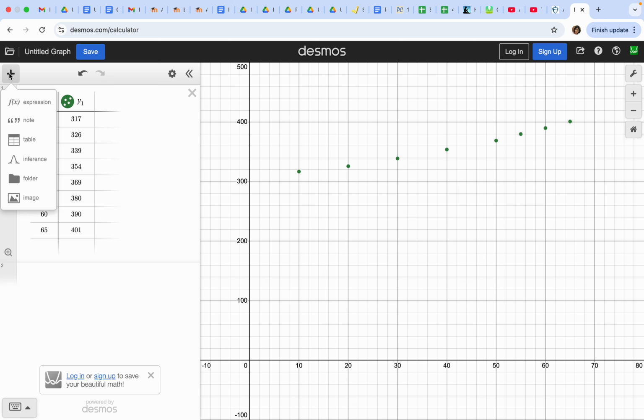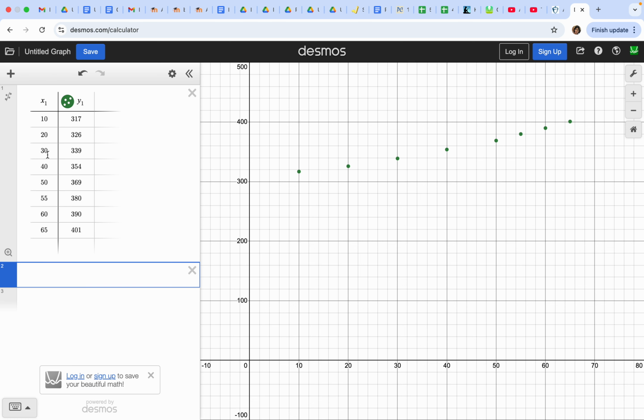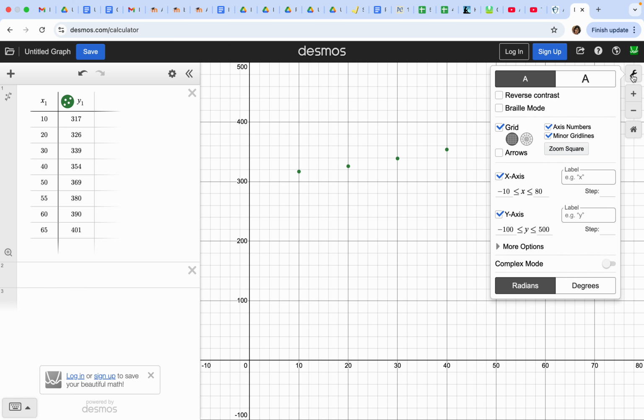If you go to plus, you can hit table. That's what I did first, and I entered in this data table. At first I did not see the scatter plot, because I have to go over to this little wrench and change my scale to show these values. So I went from -10 to 80. My steps are automatically 10.